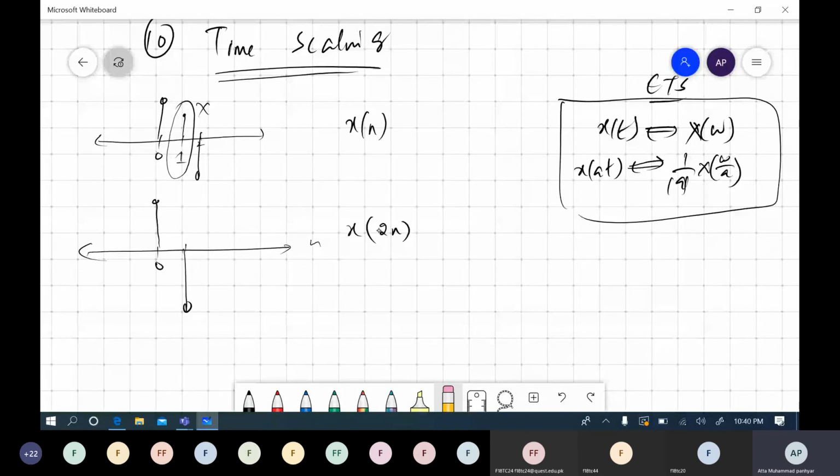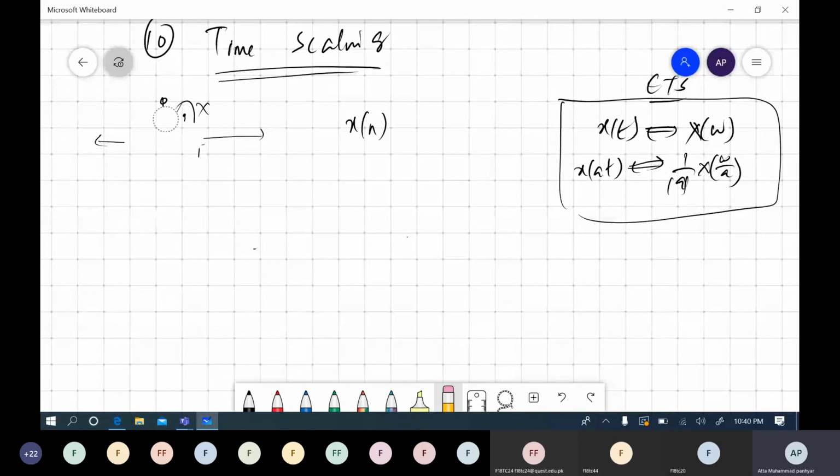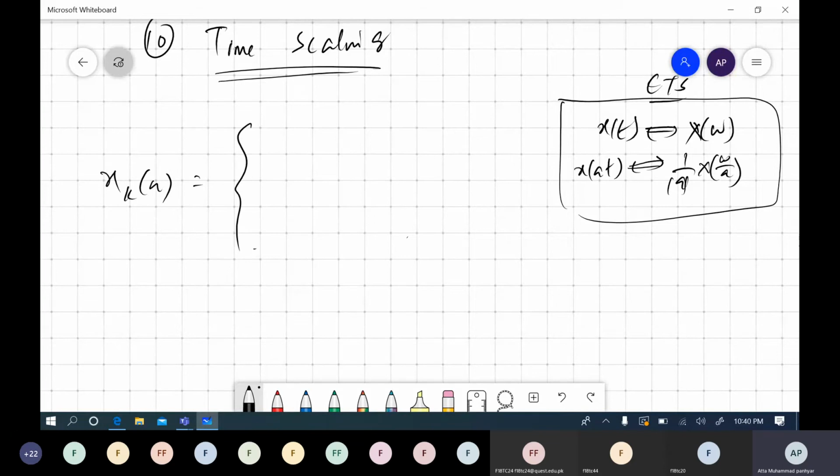Instead we use another technique. We define a signal, for example, we say x_k of n is equal to x of n by k, when n is a multiple of k, and 0 otherwise.